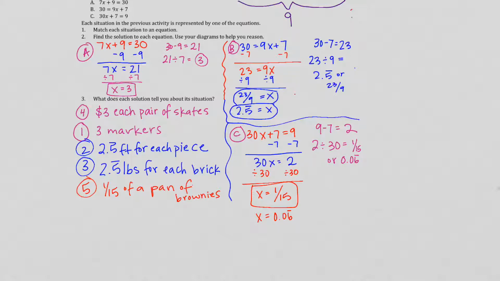Okay, so just remember on these, you need to use the picture to write an equation, or use the equation to write a picture, and then you can just use mental math if you want to solve, but then don't forget to do units on these guys, okay? So feet, pounds, pan of brownies, dollars, markers, whatever it is. Don't forget your units.